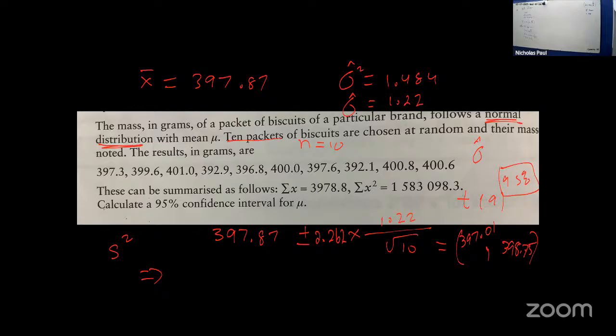We're going to use n over n minus 1 by S squared. So if you have sample variance, there's no need to go back and do anything else. Just take your sample variance, S squared, and multiply by n over n minus 1. How do you know it's the sample variance? They will say the variance from the sample obtained. So look out for that word, sample variance. Sometimes you can estimate sigma by using a sample variance.